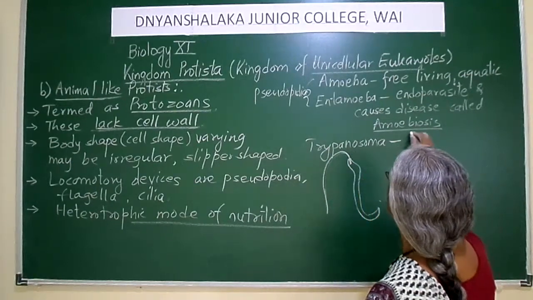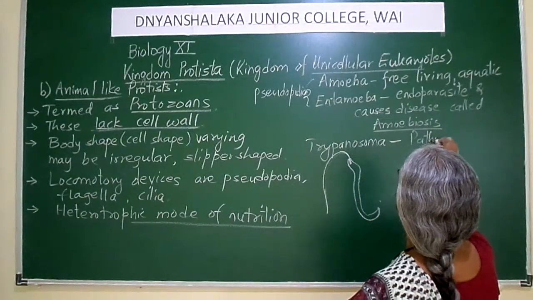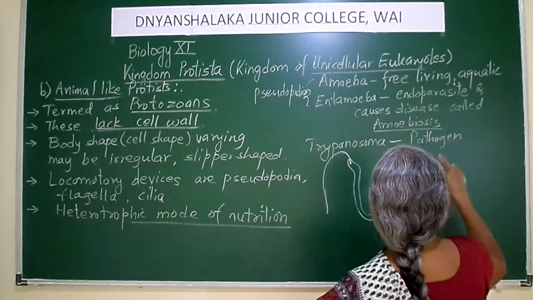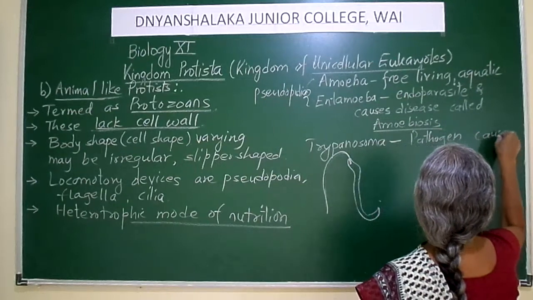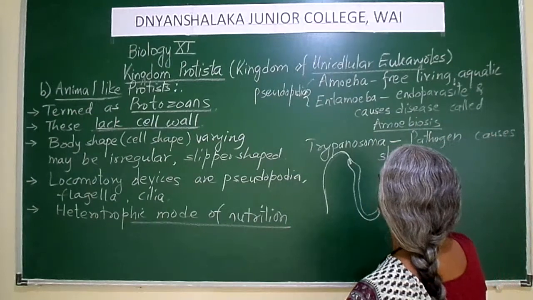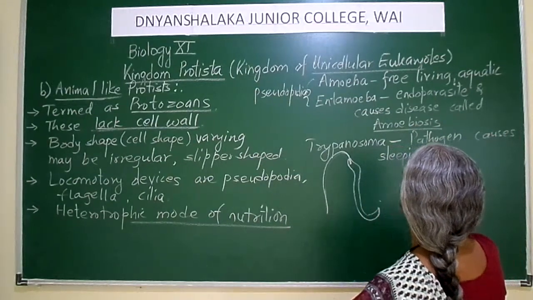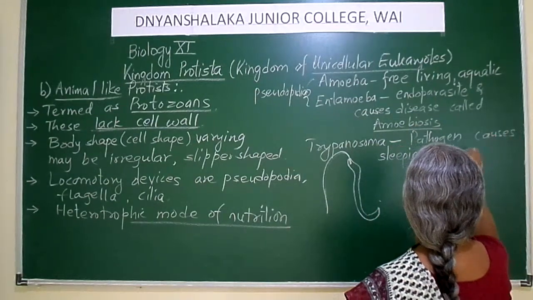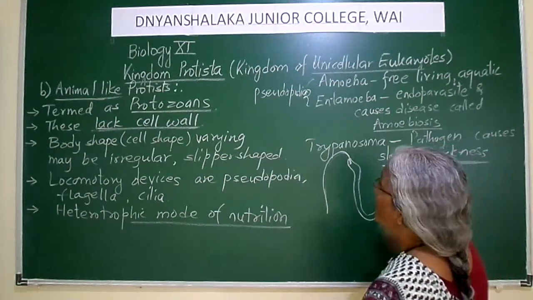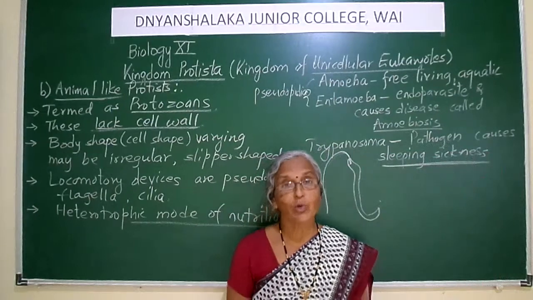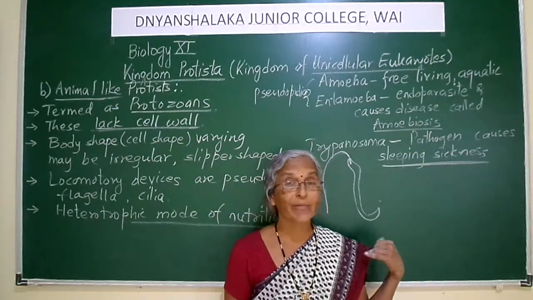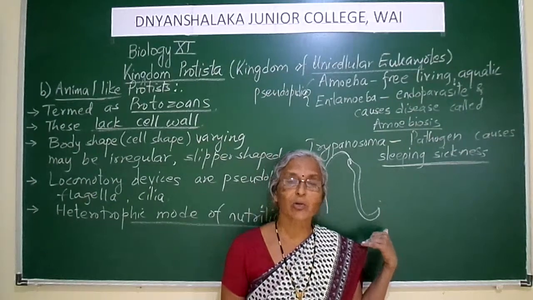A long whip-like structure, and with this whip-like structure it keeps on moving. But it is a pathogen. Pathogen means disease-causing organism, and this pathogen causes sleeping sickness. What does it cause? Sleeping sickness. So if a human being has too many of these trypanosoma in the blood, or gets infected by this trypanosoma, the person goes into a coma, sleeps.